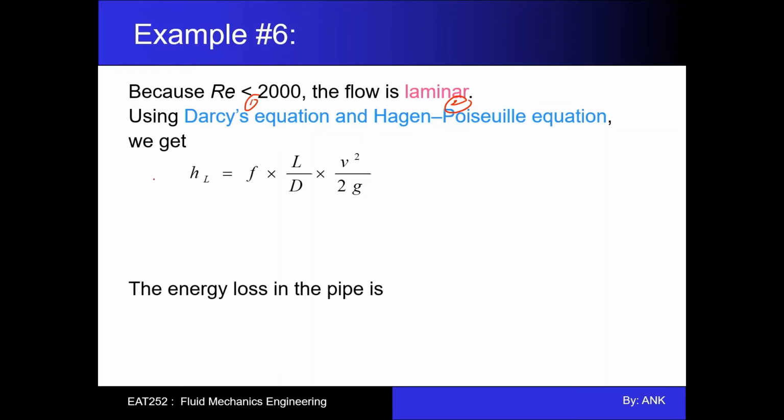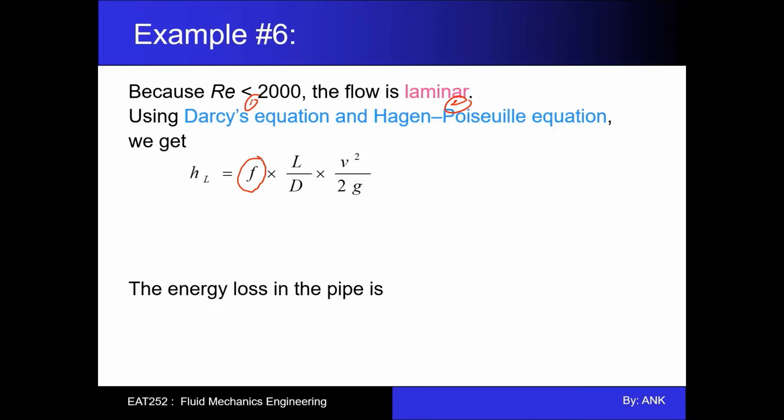So the HL is equal to F, the friction factor, times L, the total length of pipe, divided by the diameter of pipe, times velocity of flow squared over 2 times gravity. Before we can solve this equation, we need to determine the friction factor.